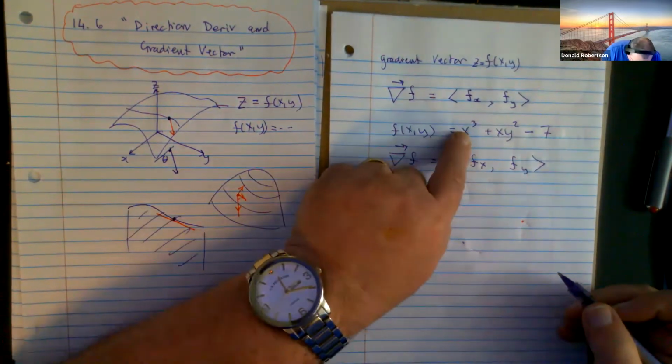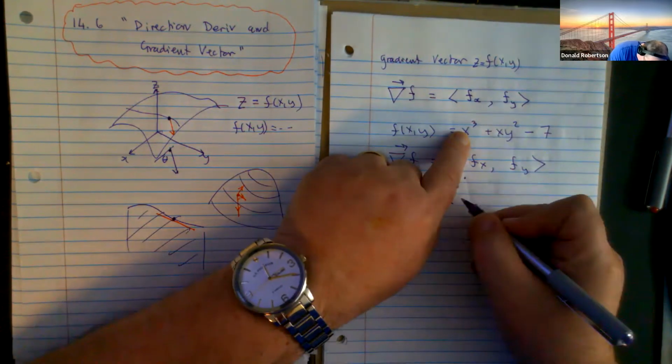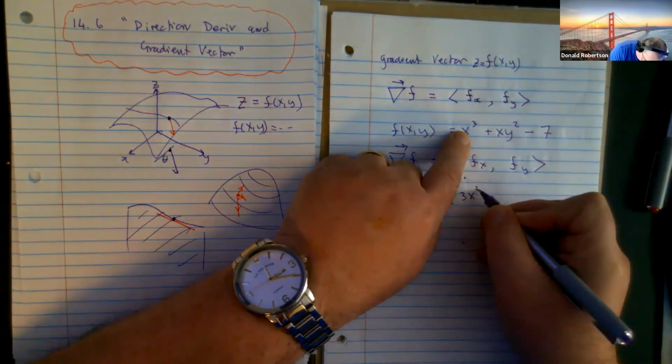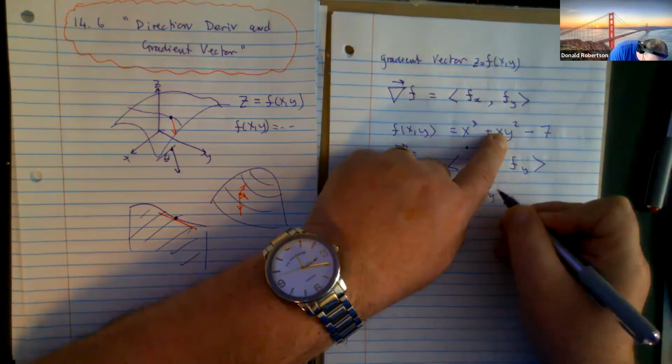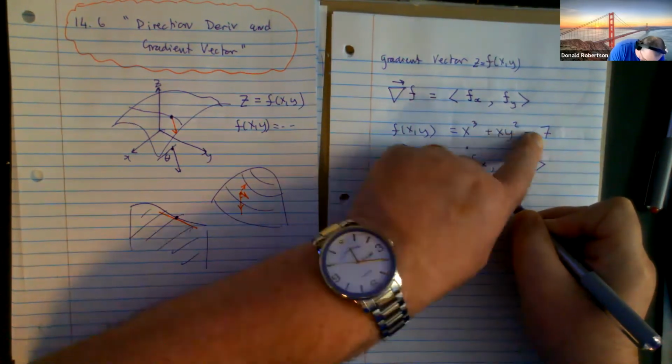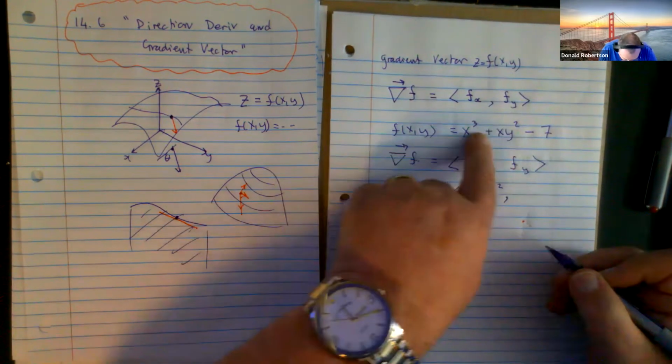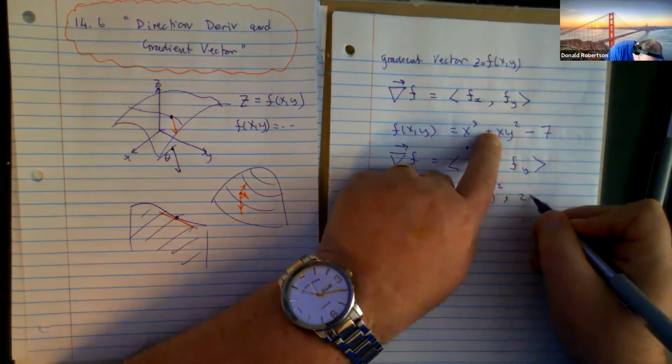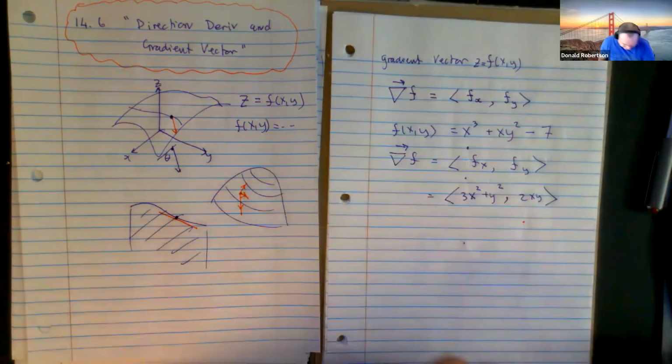If you differentiate this expression with respect to x, you get 3x squared plus y squared, and then nothing, comma. If I now differentiate it with respect to y, you get 2xy.